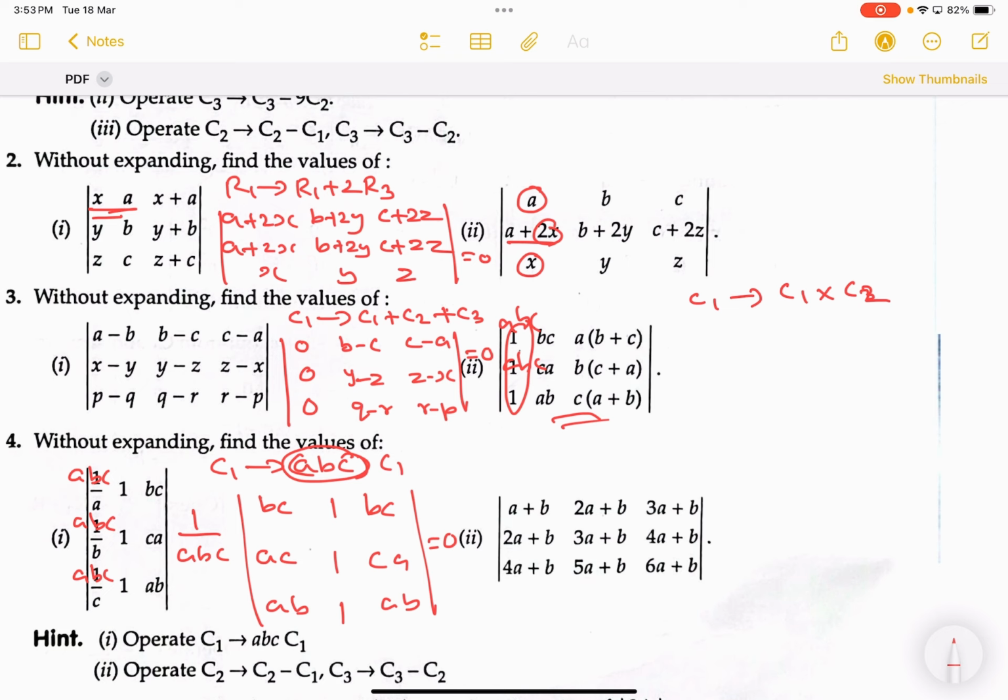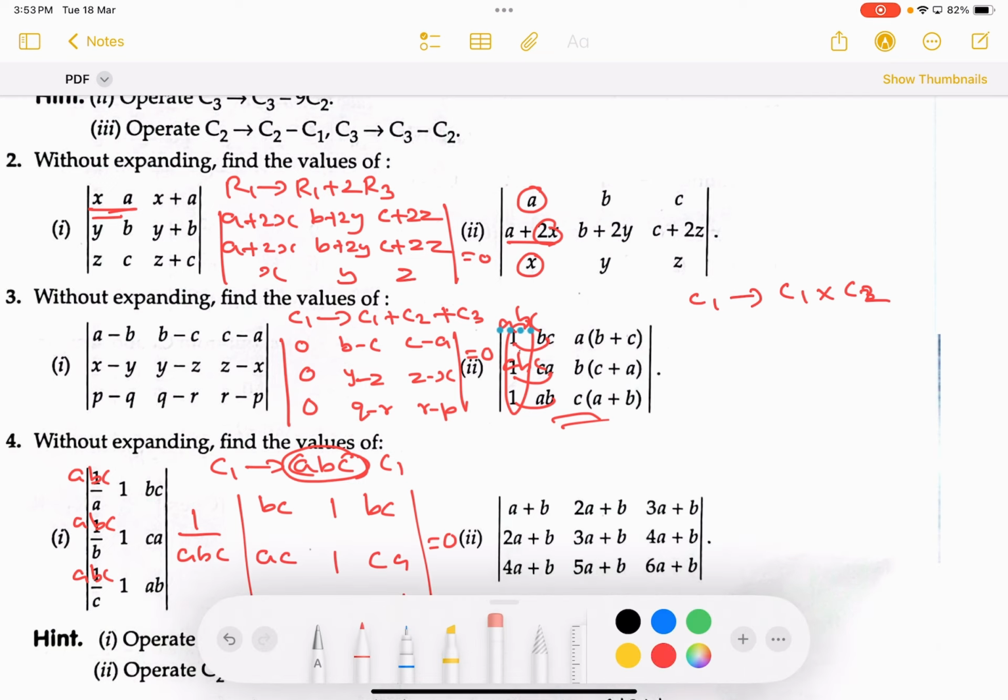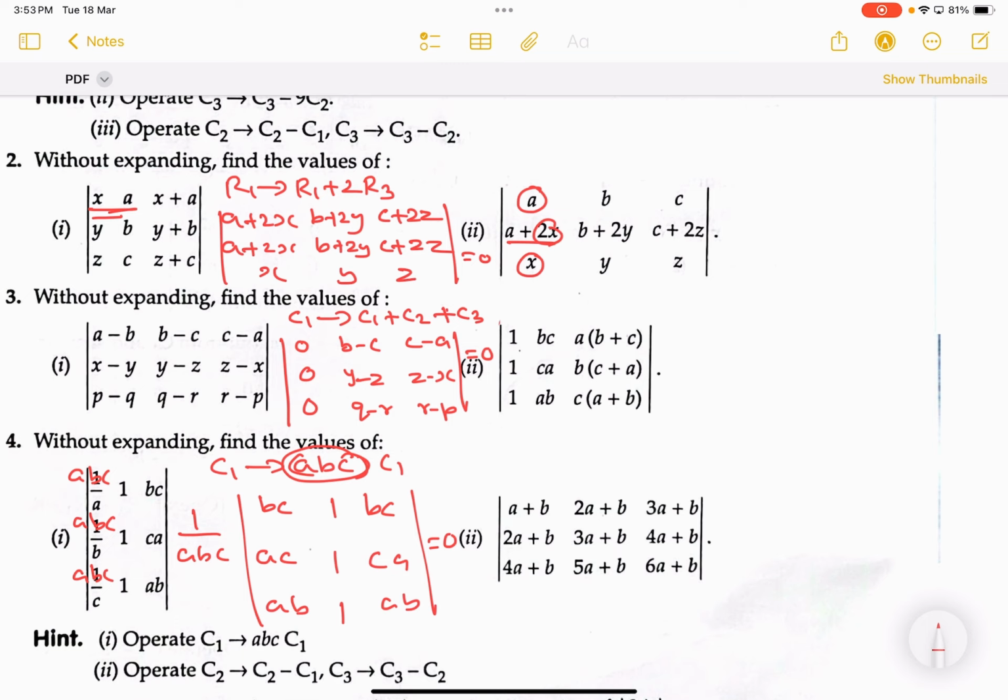But here these two are multiplying, each element by a different value. So multiplication is not possible. It has to be a common element only you have to multiply, not like this with the multiplication of 2 rows and 2 columns. That is not possible.